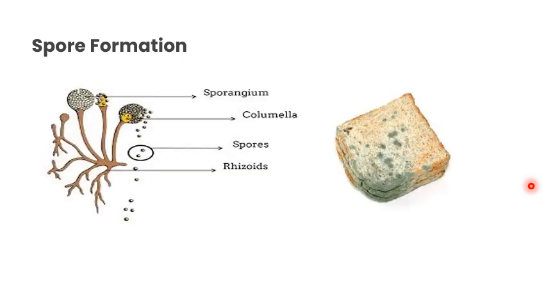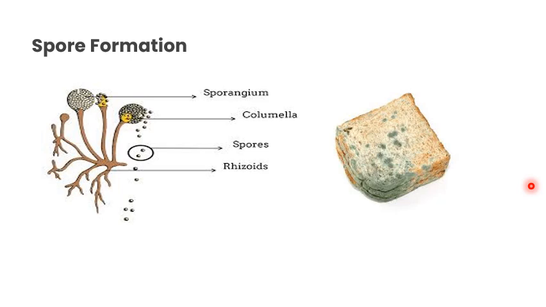Now let us discuss a very important process called spore formation. It is another type of asexual reproduction, a common method. It mainly occurs in fungi, bacteria, plants and some protista. How does spore formation occur?